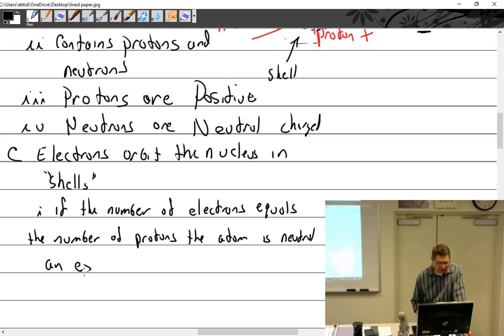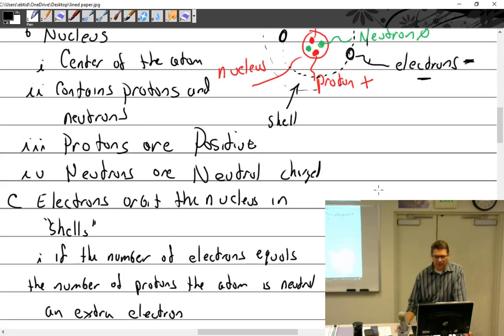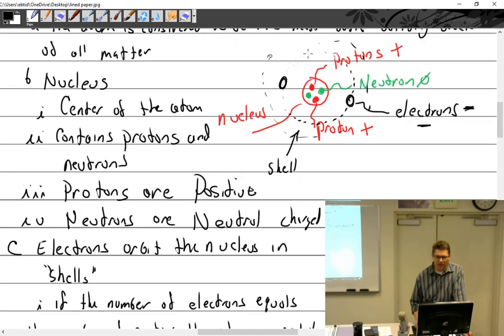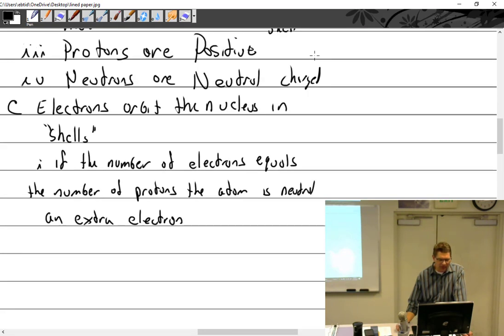An extra electron. Okay, if I have an extra electron, something happened and this atom picked up a third electron. What kind of charge is it going to have now? It has more negatives. So an extra electron is a negatively charged ion.